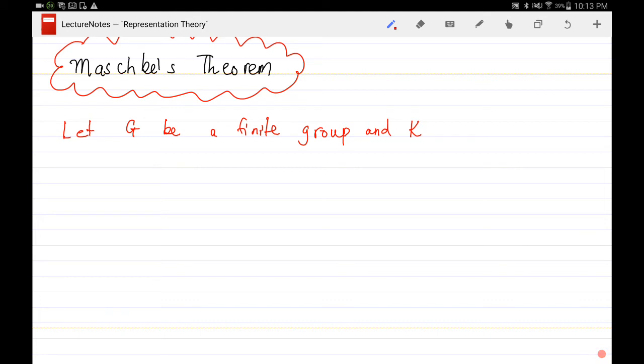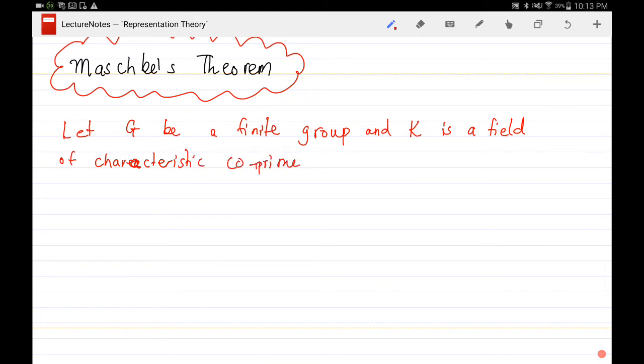So let's say we have a G that's a finite group, and K is a field of characteristic coprime to the order of G. Later on, I will ignore this field stuff because I'll choose a field of characteristic 0, namely the complex numbers, and then I won't have to keep mentioning this phrase of characteristic coprime.